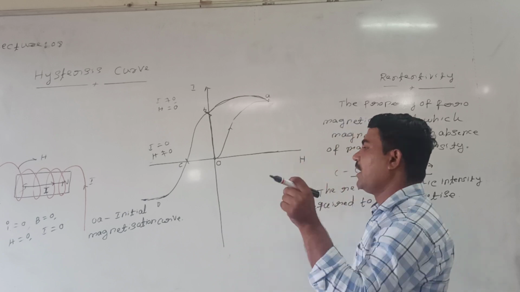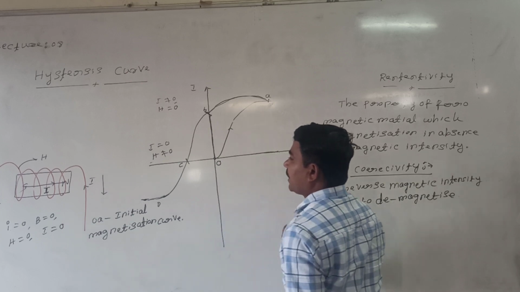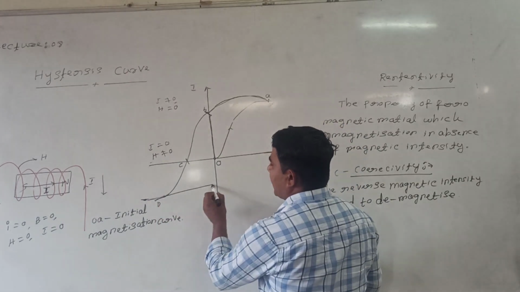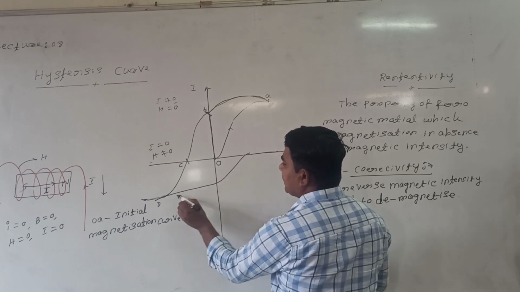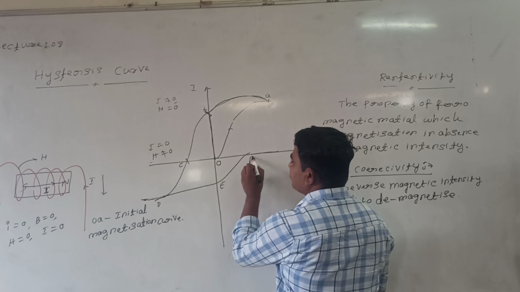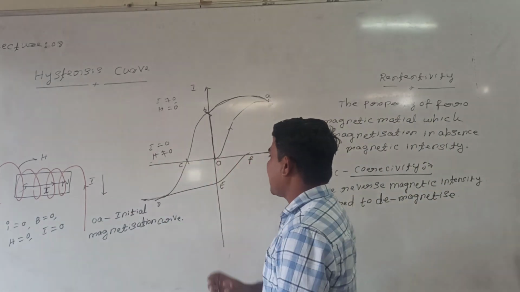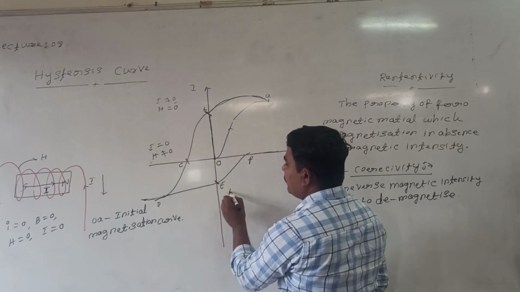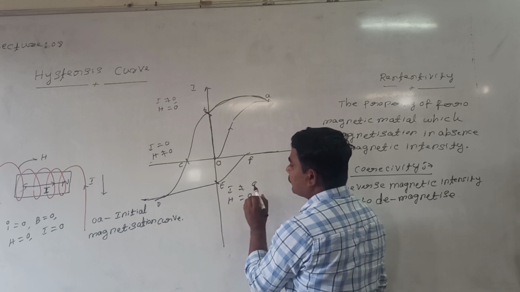Now again I want to decrease the current. Wherever the current decreases, it follows the path C, D, E, F. If the current is decreased to a particular point, again I is not 0, and H is equal to 0.